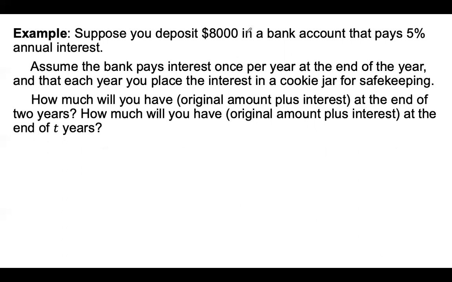So suppose you deposit $8,000 in a bank account that pays 5% annual interest. I'm not sure if these numbers are realistic today, unfortunately. So we have this principal, P for principal, is $8,000. That's the initial amount.